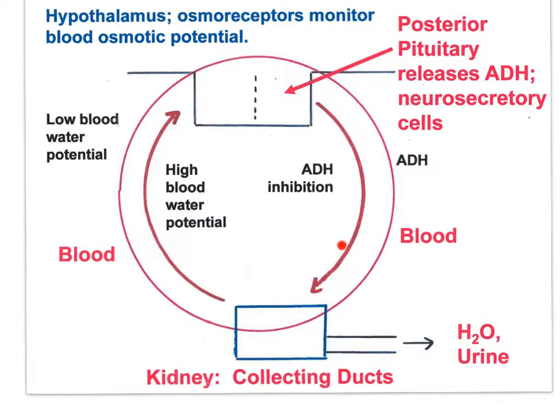ADH would be inhibited, resulting in more water released in the urine. As water is released in the urine, blood osmotic potential would decrease, causing ADH to be secreted, resulting in water conservation by the kidney, and so on.